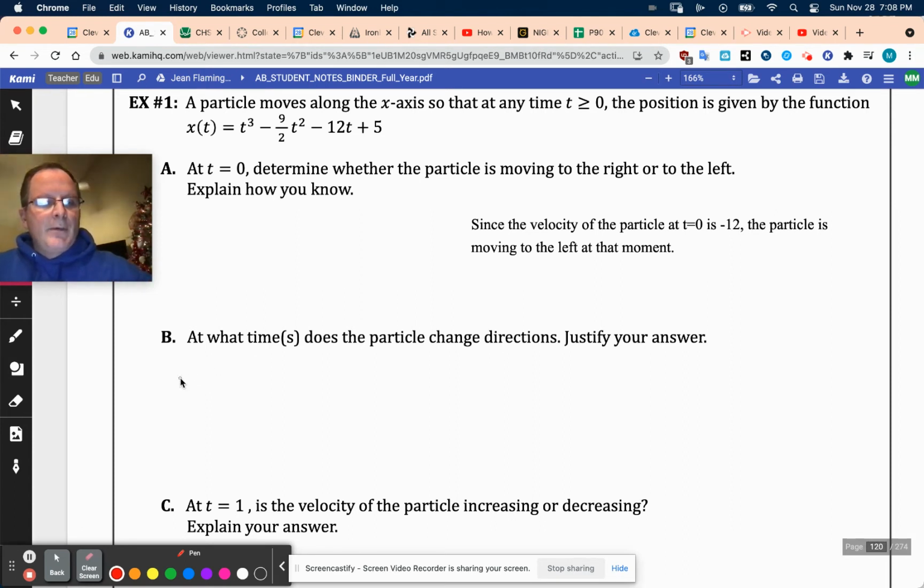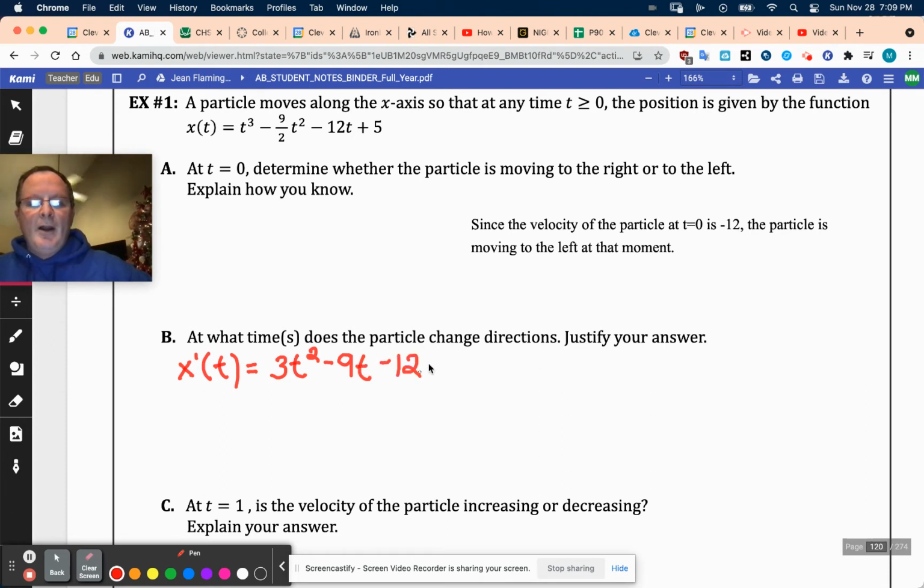All right, so here we go, back to x prime. We're just going to set it equal to 0. And so that was 3t squared minus 9t minus 12. And we want to know when that's equal to 0.